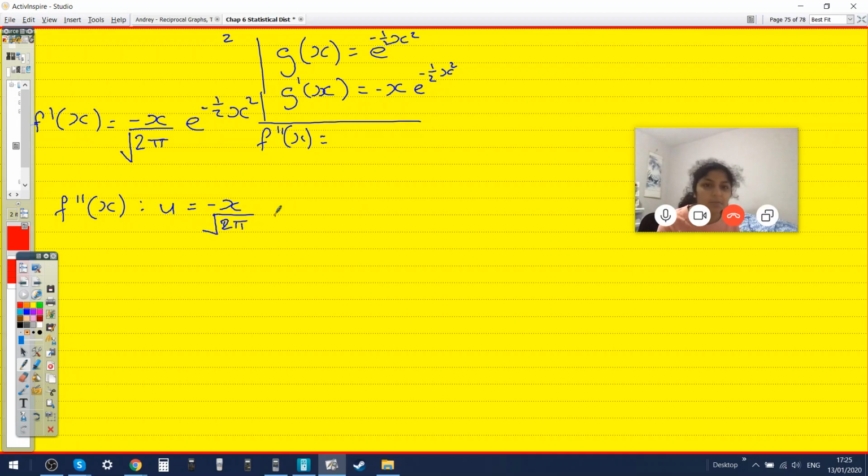And the other one would be minus x e to the power minus half x squared. So then that would give you minus x e to the power of minus half x squared over root 2 pi.